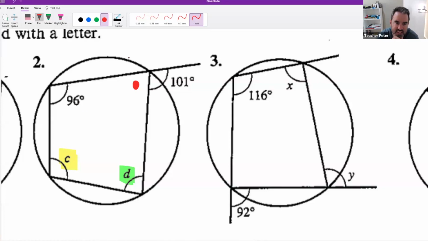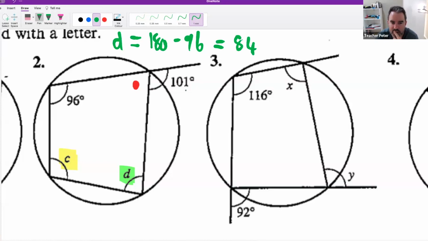So I think the easier one to work out first would be D, and D would be 180 minus 96. And so that should be 84. Now, what Bouchle was asking about, there is a theorem that deals with the exterior angle, but we haven't got to that yet. So I was thinking, what is the red dot going to be?